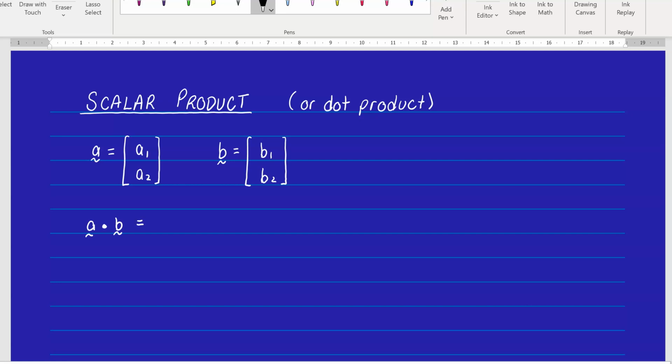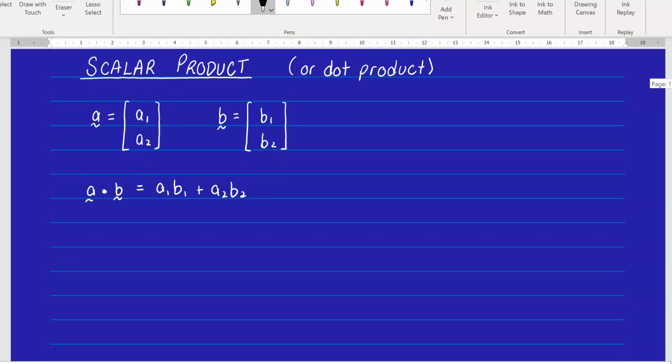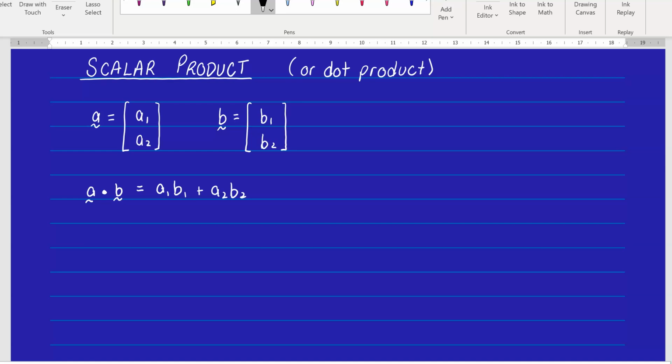And to work out this scalar product, it's a simple matter of just taking A1 and we times it by B1 plus A2 times B2. So what happens when we do that is we in fact get a scalar. We don't get a vector, we get a scalar. So as an example, let's take A to be (1, 4), and we'll take B to be (-2, 3).